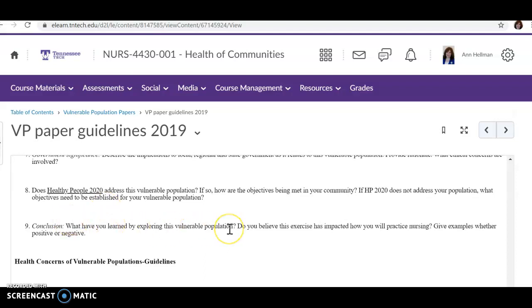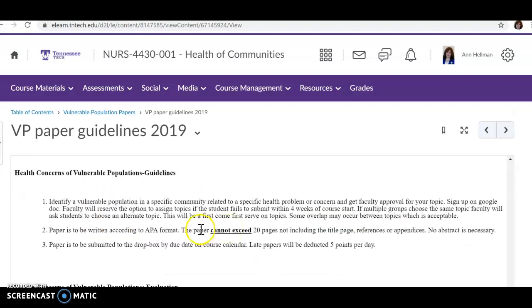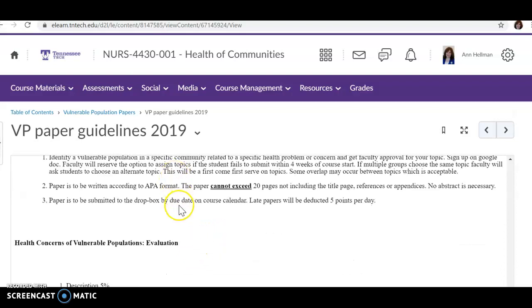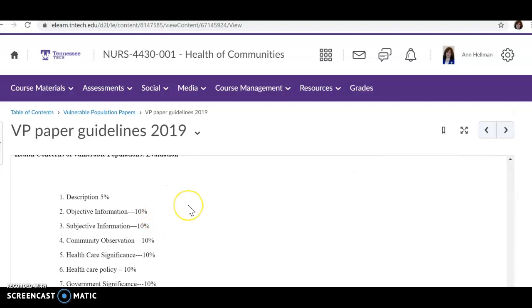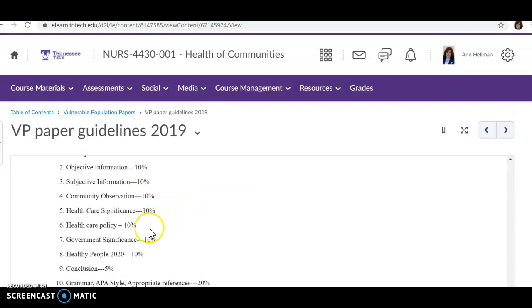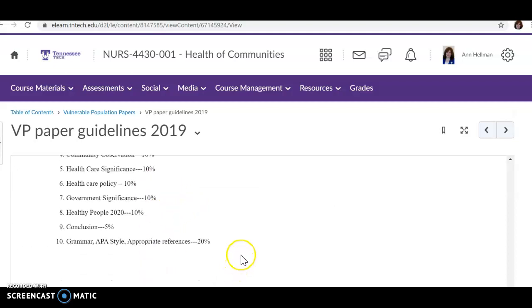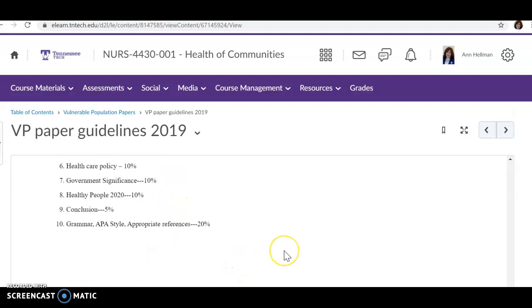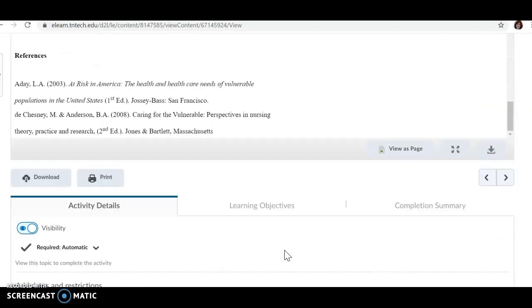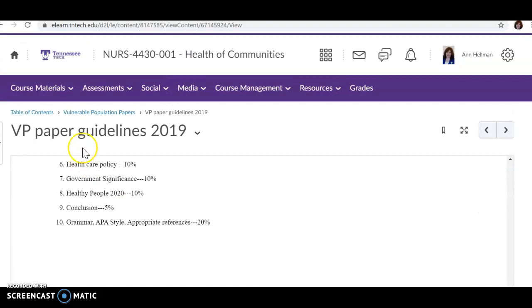And then you're going to give me this conclusion, okay? Again, some more instructions there on writing it. This is how it is split up, and how the points are divvied up within this assignment. So if you have any questions, make sure you have those ready for me during our Q&A session on Tuesday.